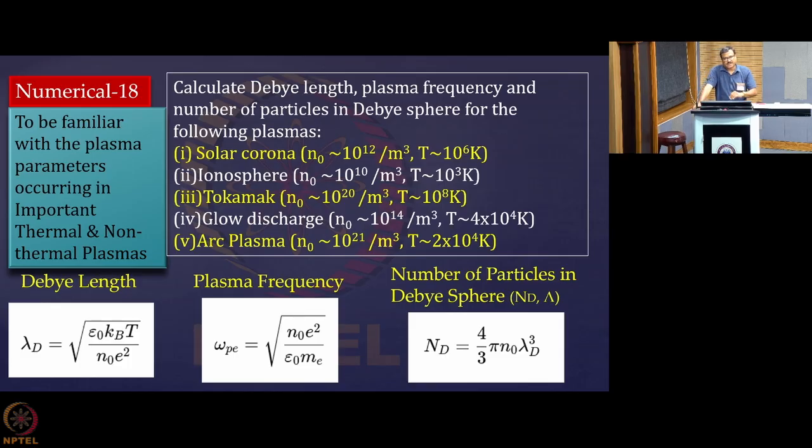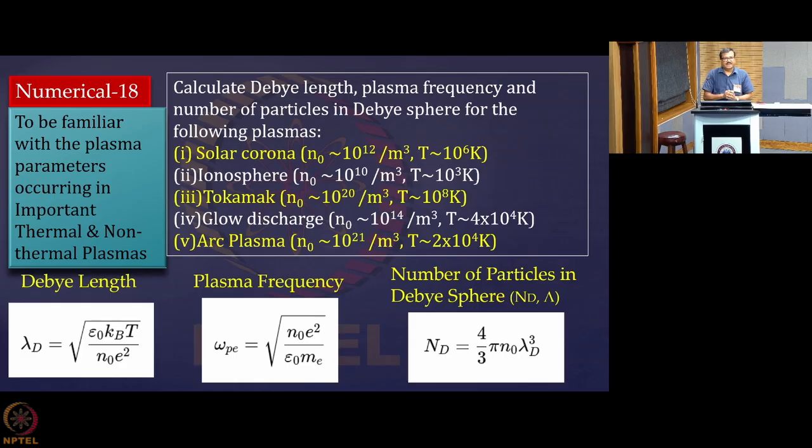So, these are the 5 different types of plasma I have noted here, and for each of them I have noted the number density that may arise there, and the kind of temperature we are expecting there. And for those, we are now estimating in this problem 3 different parameters. One is your Debye length, one is your plasma oscillation frequency, another is the number of particles within the Debye sphere.